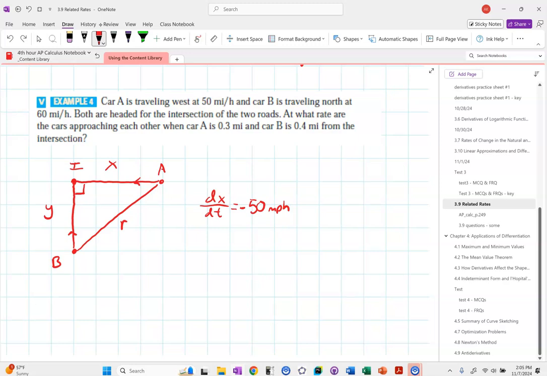Very sneaky there, because car B is traveling north at 60 miles per hour, dy dt equals also negative 60, even though it's going up. Because it's closing the distance to the intersection, it's a negative rate. That's very sneaky.